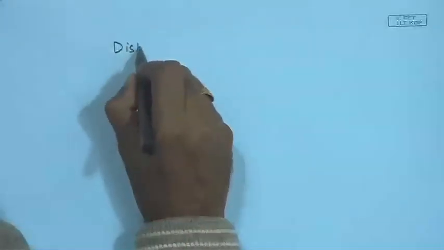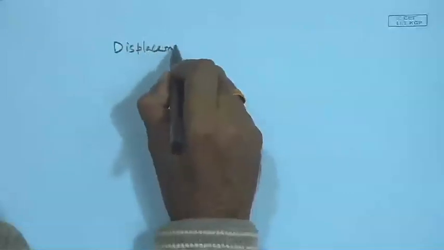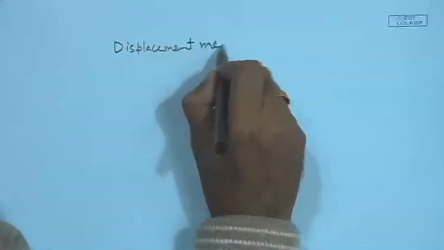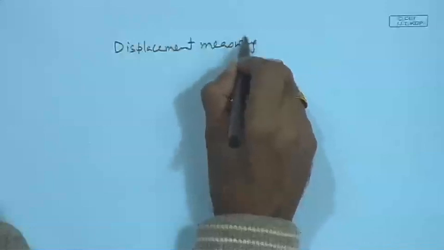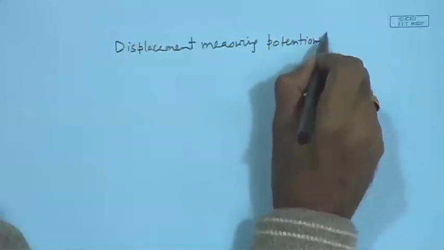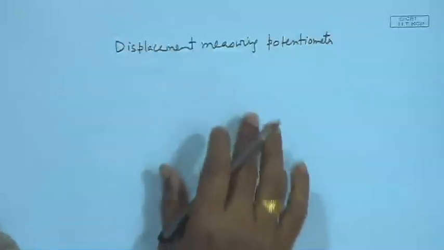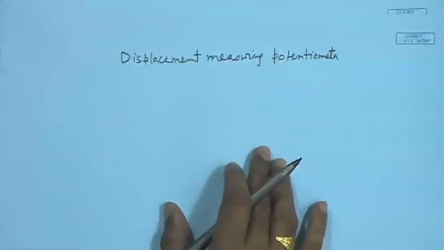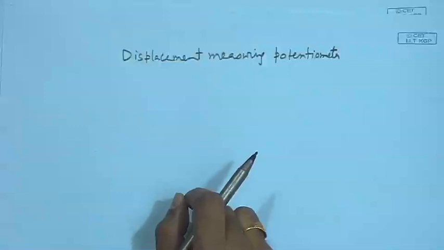It is not easy to get a zero order instrument, but let us consider a displacement measuring potentiometer which can be approximated as a zero order instrument.